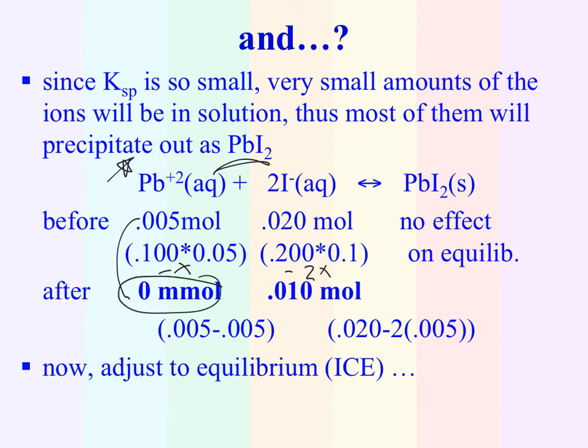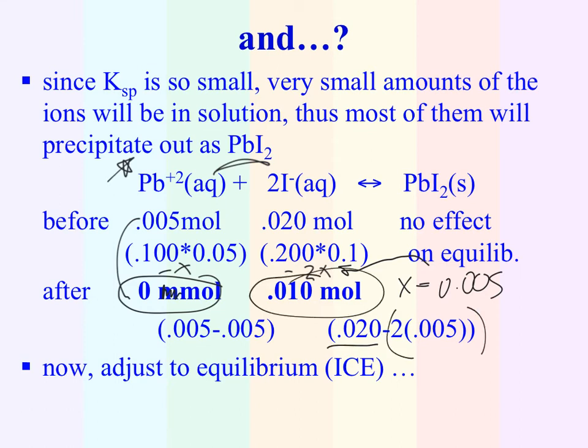So that's going to end up giving us 0 moles for our lead ion. If we continue with x being equal to 0.005, we can plug that into our expression here, and we end up with 0.020 minus 2 times 0.005, which gives us 0.010 moles as our number of moles of our iodide ion.